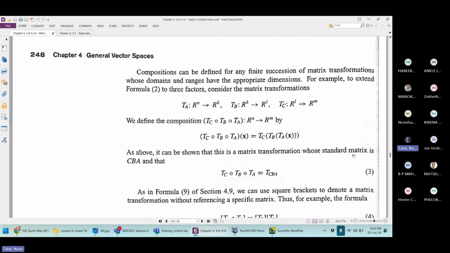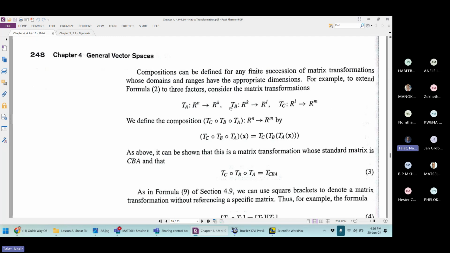Here we can see its more general form. If TA is a transformation from Rn to Rk, TB is a transformation from Rk to RL, and TC is a transformation from RL to Rm, then its composition TC∘TB∘TA is a transformation from Rn to Rm.